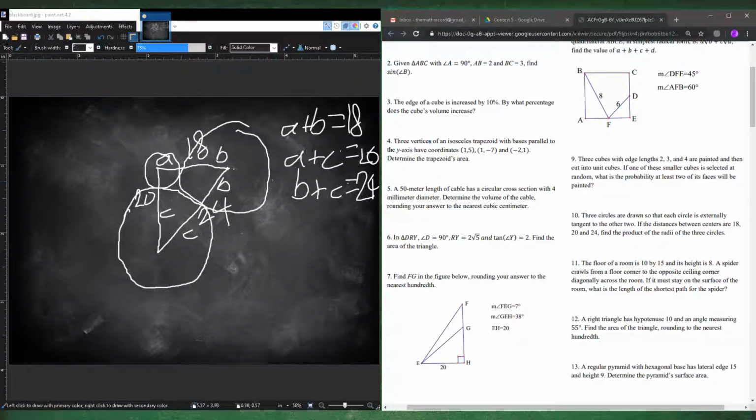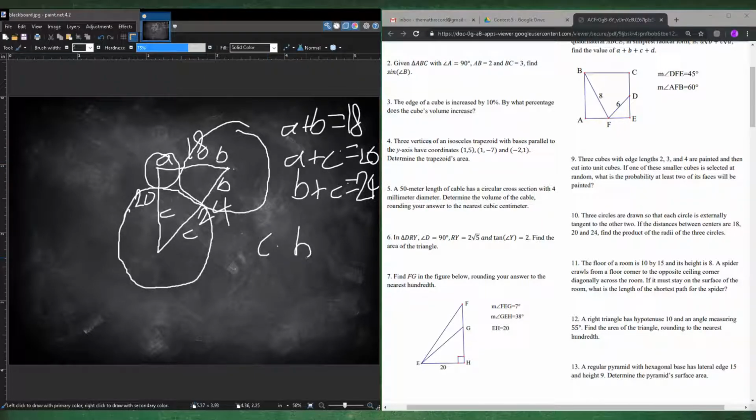Okay. So using the idea, we'll just multiply the first one by negative. Actually, yeah, just have the second equation minus the first one. So A minus A is 0, and C minus B is just C minus B. So C minus B is 20 minus 18, which is 2.